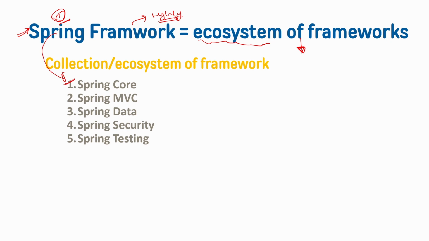For example, Spring Core provides the foundation structure for developing any application. The second one is the Spring Model View Controller (MVC) framework, which is used to implement web REST APIs and web applications. Third is Spring Data, for implementing the database or persistence layer of the application. Fourth is Spring Security, for implementing the security of the application.